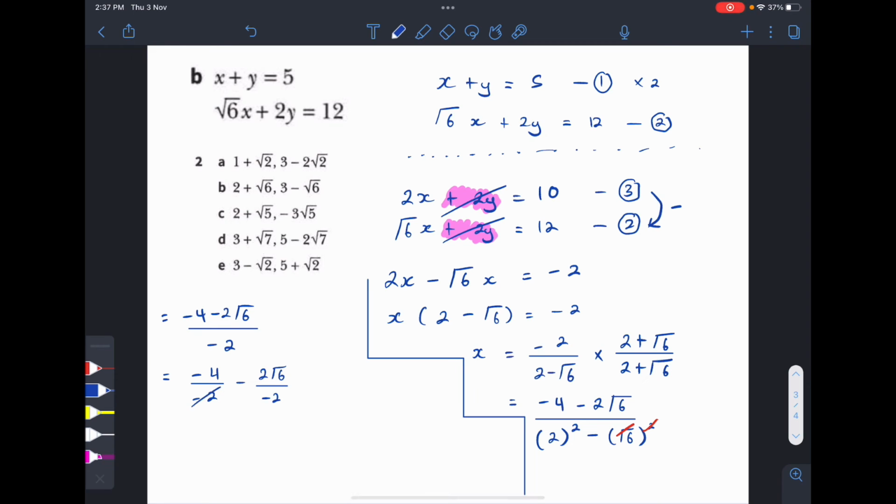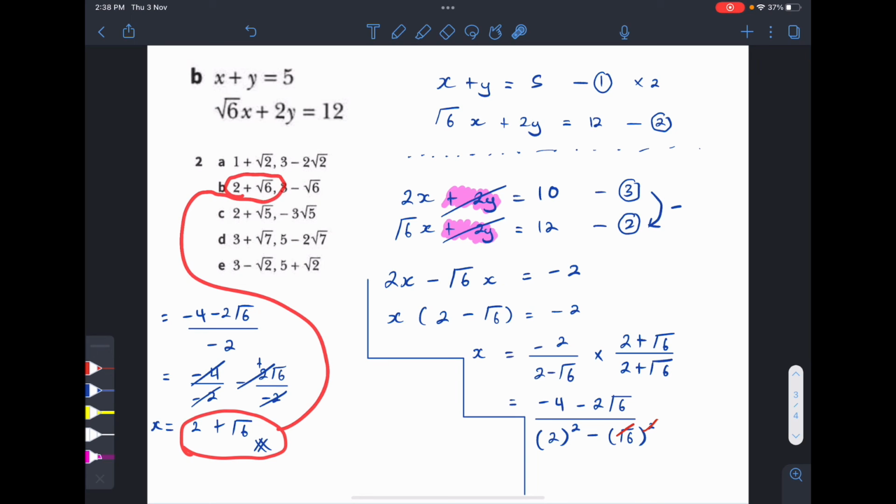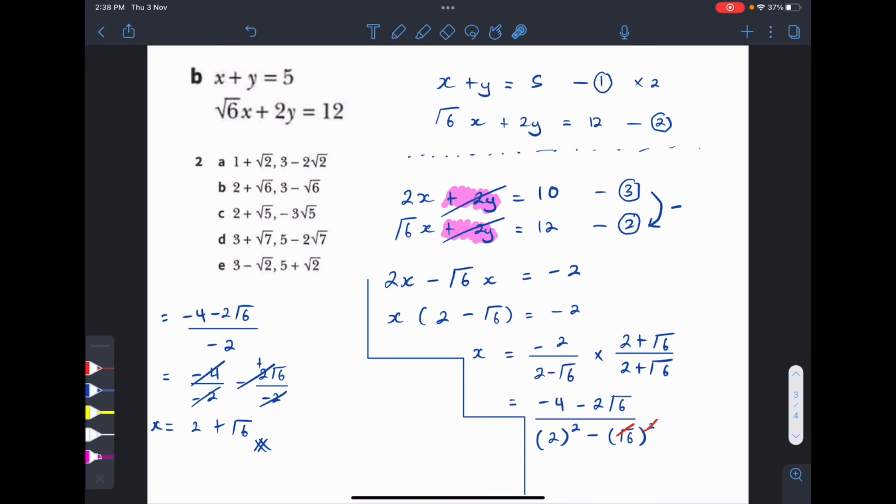So negative 4 divided by negative 2 is just 2, and negative 2 divided by negative 2, that gets you a positive, right? So it'll be positive √6. And there you go. We already got our x value over here, and this is our answer for it. And if you guys check it out, now we have the same value, right? So you can't just stop over here, right?